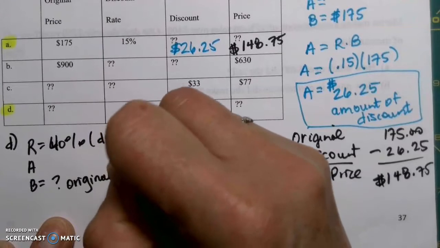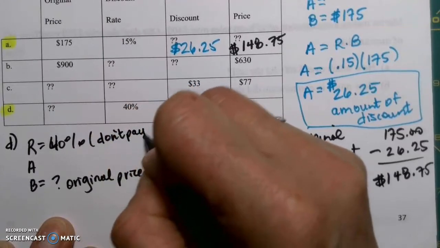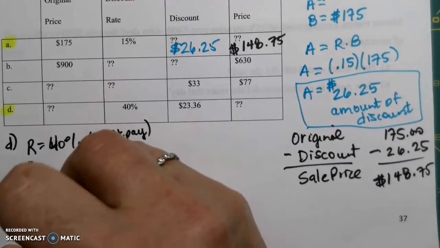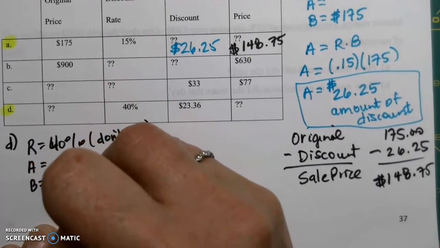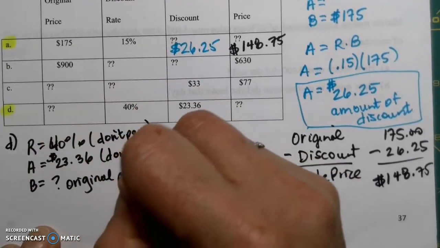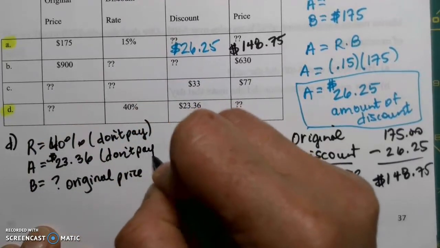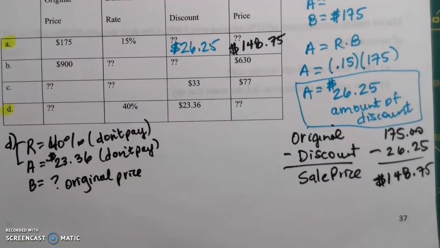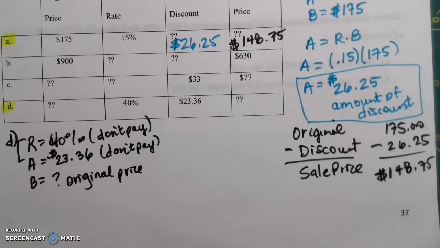So that's the amount you don't pay as a percent. And the discount amount in dollars is $23.36. So that's also the amount that we don't pay. So good. Those two things are talking about the same idea. And as long as that's the case, then we know that we will get the correct value for B when we set up this equation.